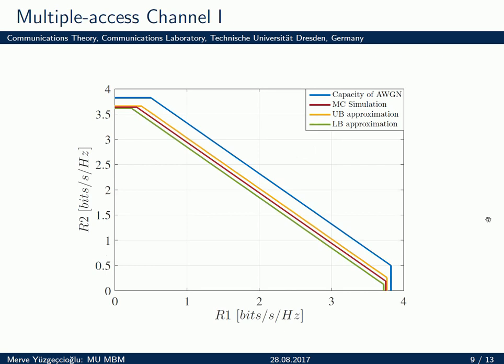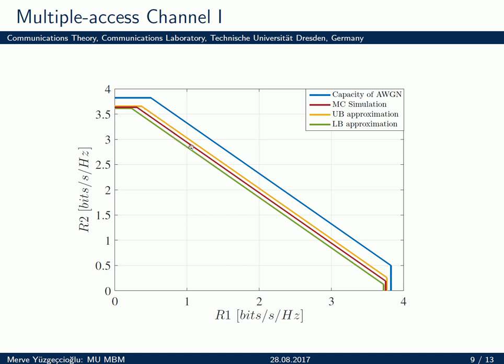And here we are looking into the achievable rate region of the multiple access channel. Again, the blue line is the capacity of the channel. Here the red line is the result of the Monte Carlo simulation, which means that we have found the entropy of the output signal by using Monte Carlo methods to calculate the integration of the exact entropy formulation.